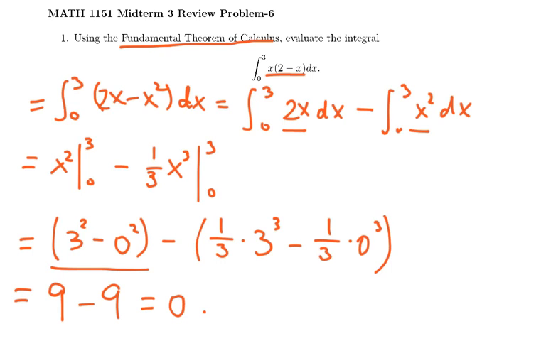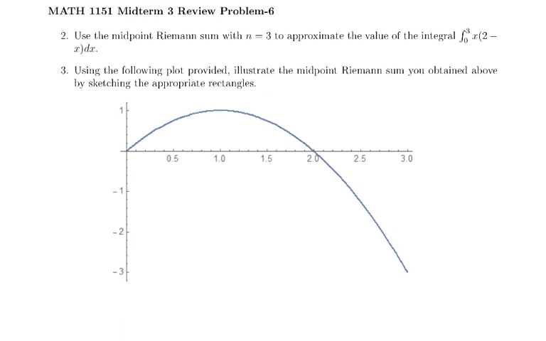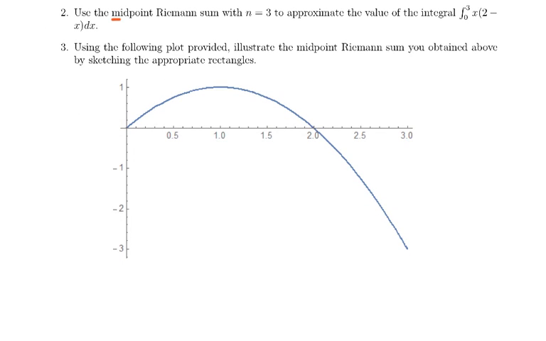And then for the second part, we're going to use the midpoint Riemann sum with n equal to 3 to give an approximation to the integral from 0 to 3 of x times (2 minus x). So basically that is what we did in the first part.